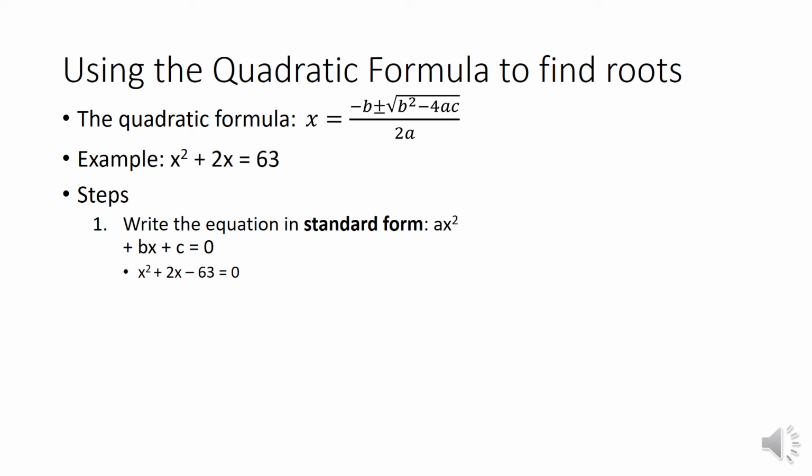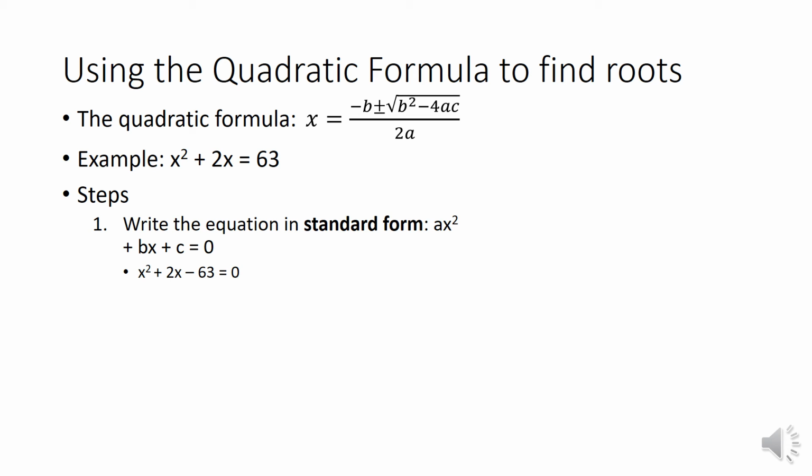Alright, so we have x squared plus 2x minus 63 is equal to 0. Now we're told that in standard form, the coefficient before the x squared is a, the coefficient before the x is b, and then the number that's by itself is c. And that's how we're going to know what to plug into the quadratic formula.